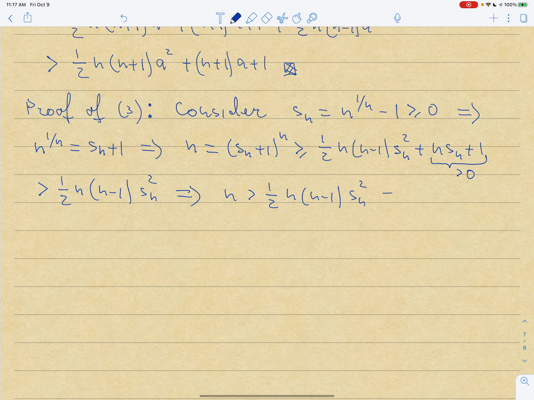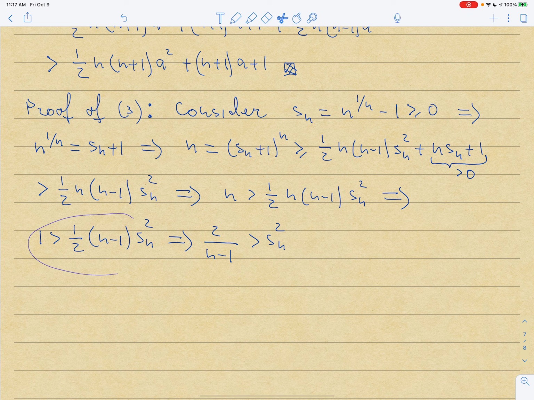And if I solve this inequality for Sn, first I would need to cancel n. So it follows that 1 is greater than 1/2 n minus 1 times Sn squared, and therefore 2 over n minus 1 is greater than Sn squared, because I multiply both sides of this inequality by 2, and divide by n minus 1.